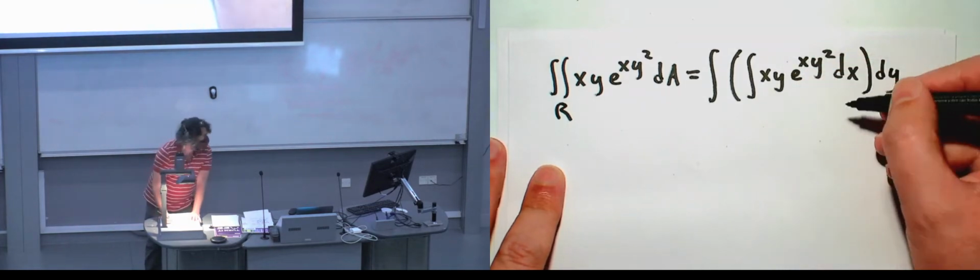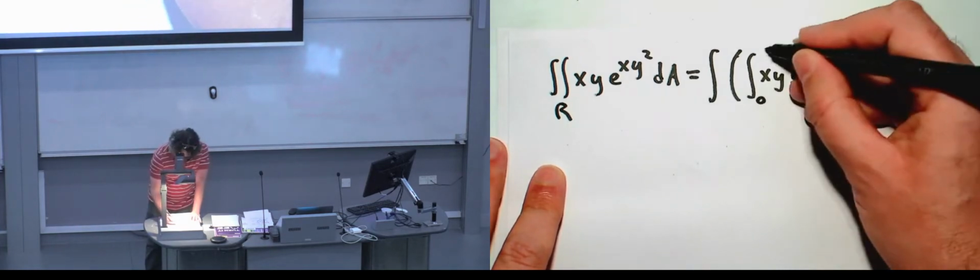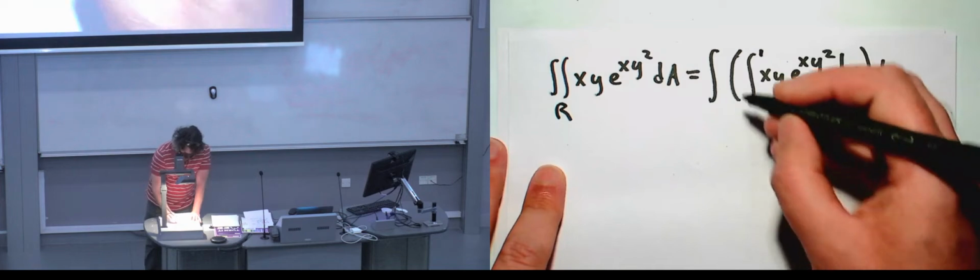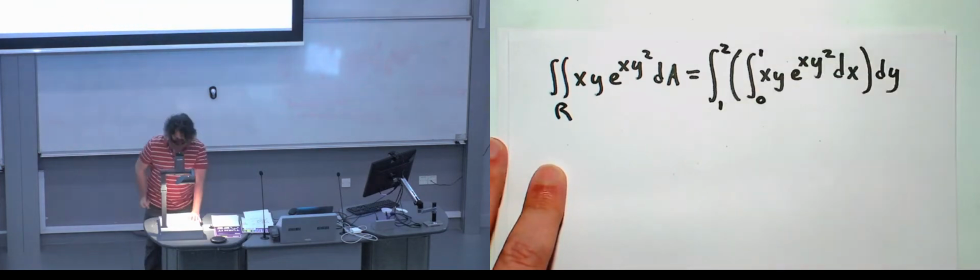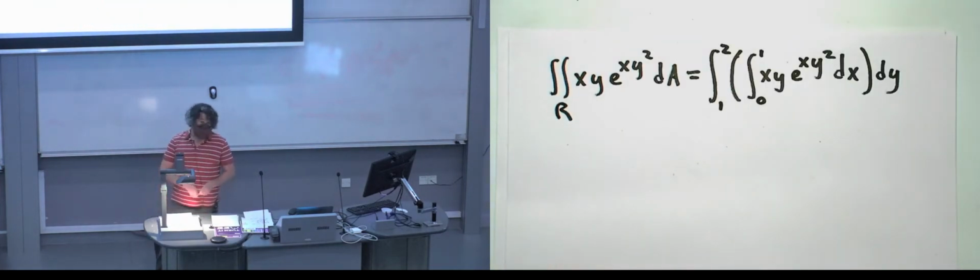The x integral goes from 0 to 1. The y integral goes from 1 to 2. Right, so how should I try to find the indefinite integral for the x one?